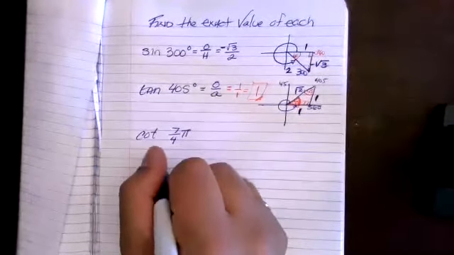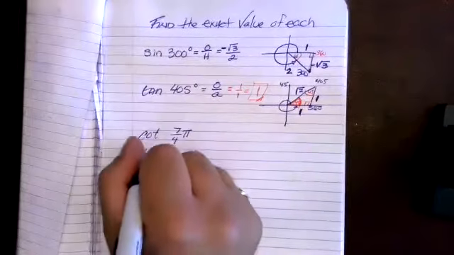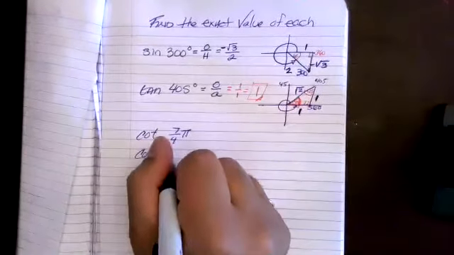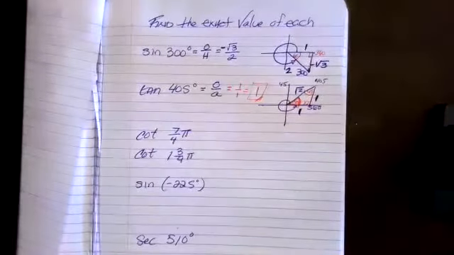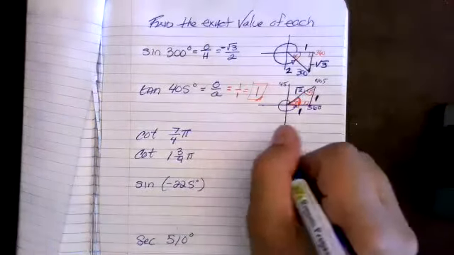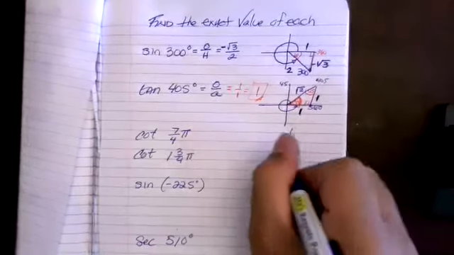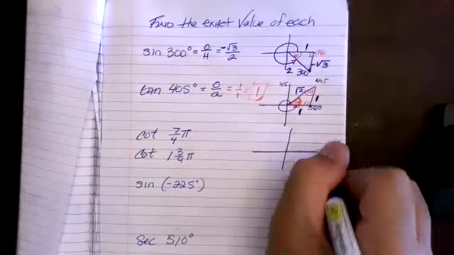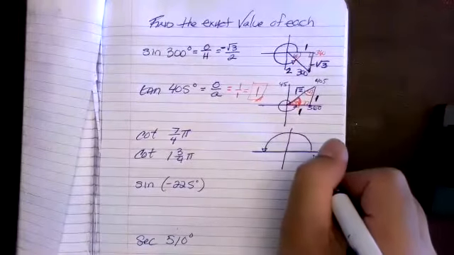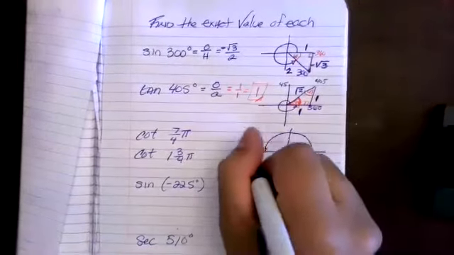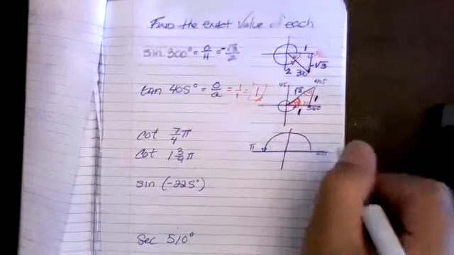Seven fourths, again, I would rewrite this. I'd write this as a cotan of 1 3/4 pi. And I know 1 pi is there, right? And 2 pi, this would be pi, this would be 2 pi.